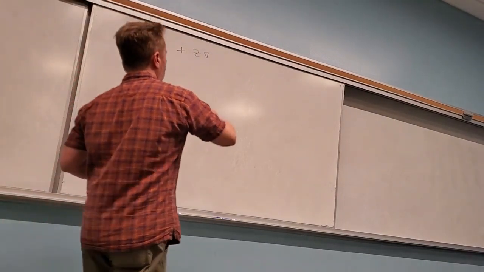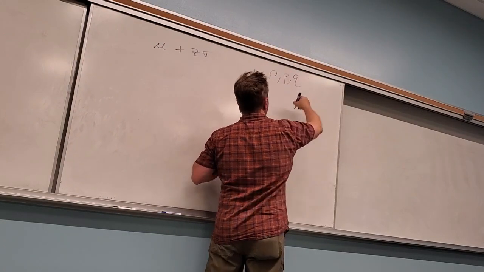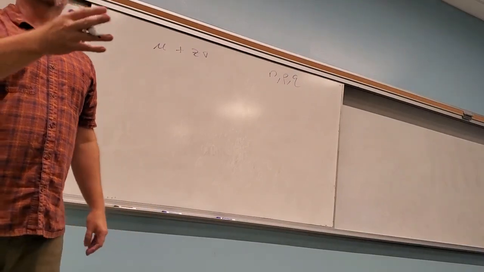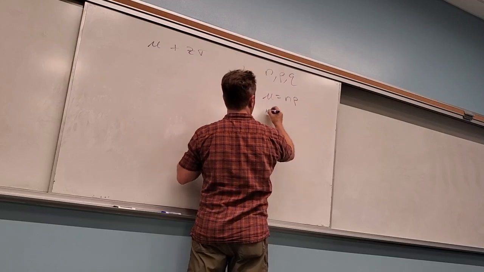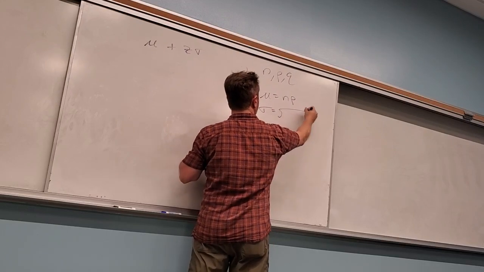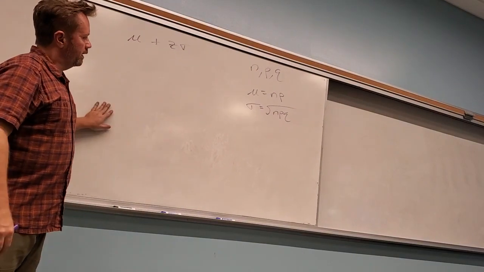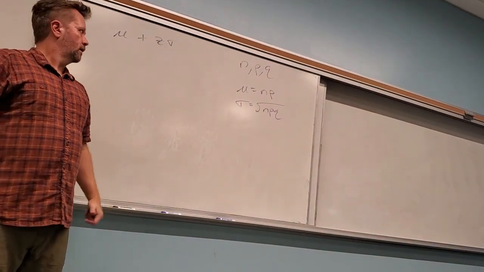Can somebody remind me, for an NPQ problem, what is the mean? N times P. And what's the standard deviation for the NPQ? Okay, cool. I love it. I don't blame you for knowing those. Those are the two best formulas we've seen yet for those things.